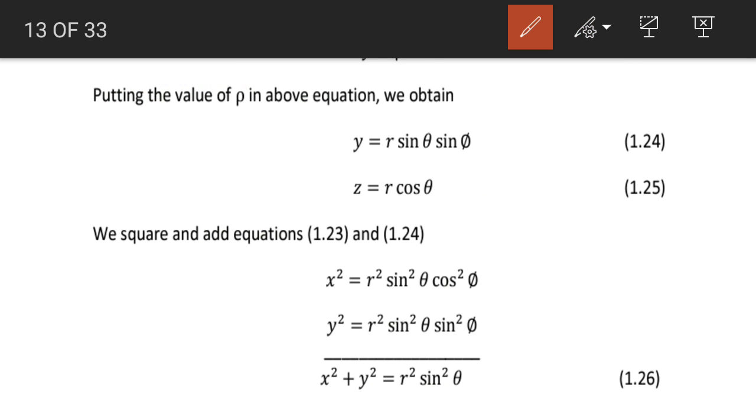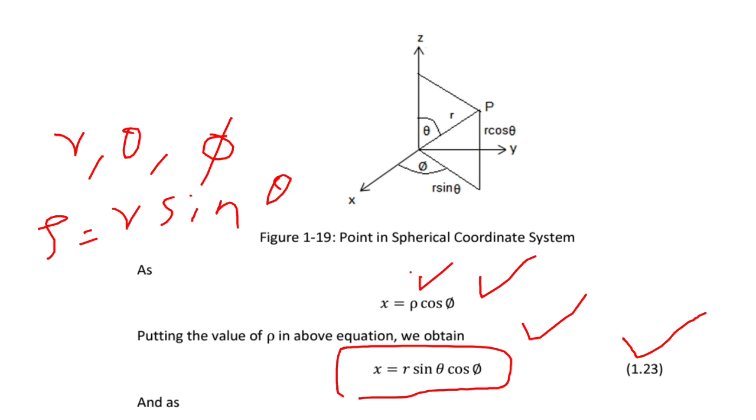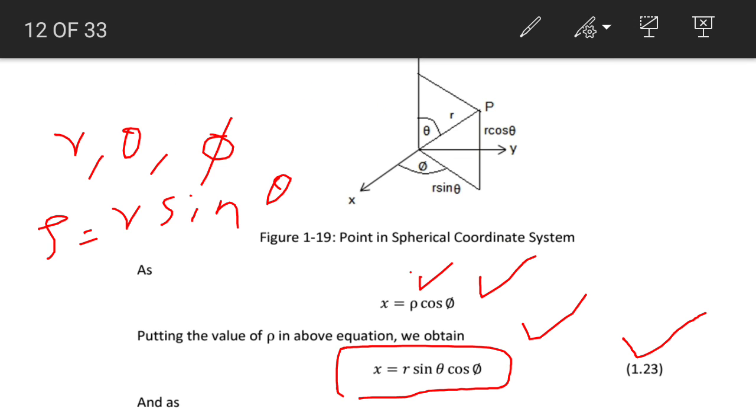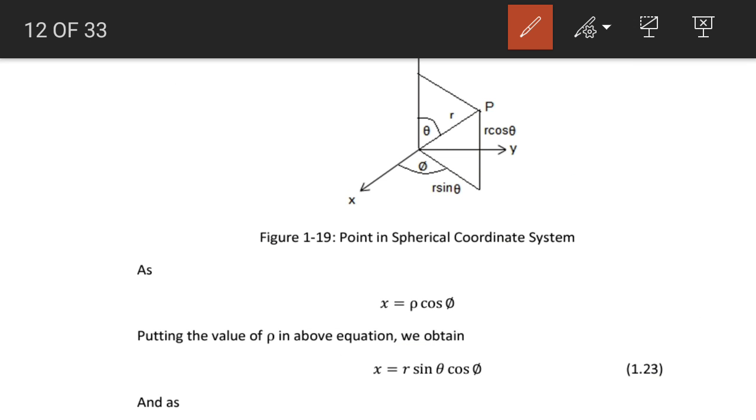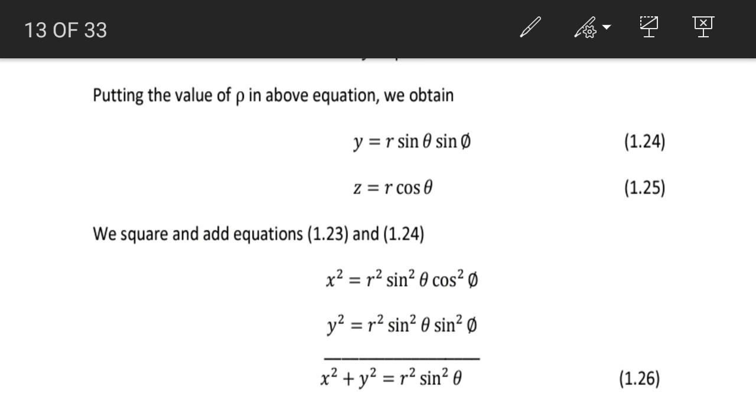So what we do, we consider the equation for x. X is equal to r sine theta cos phi, and we square this equation. So x square is equal to r square sine square theta cos square phi, and then we square equation number 24.